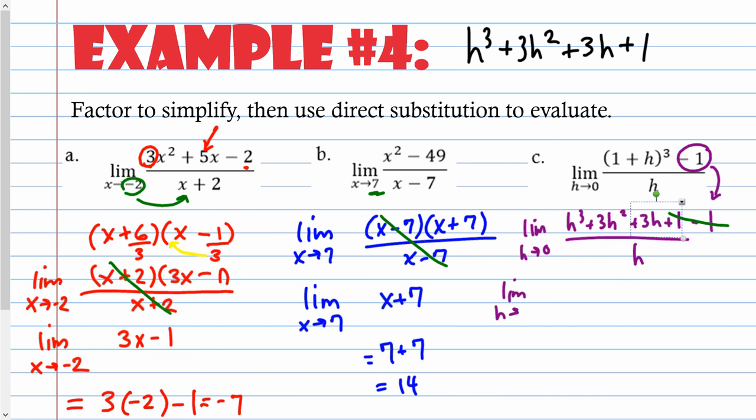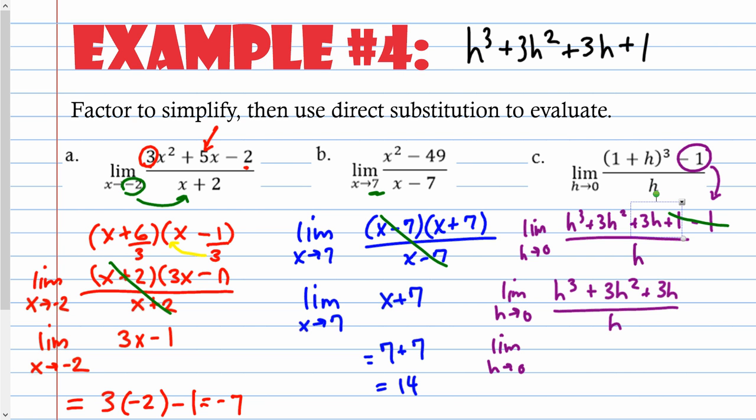Limit as h approaches 0, so now I have h cubed plus 3h squared plus 3h over h. So I need to find something else I could possibly do here. I do see that they have something in common. Every single term in the numerator and the only term in the denominator all have h's in common. So I'm going to go ahead and factor out the h's.